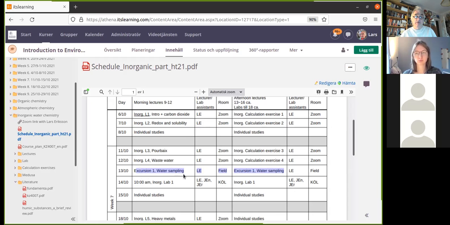There should be no or hardly any risks associated with the labs compared to the organic part, for example, since it is mostly water samples. If you do alkalinity titration with hydrochloric acid, this is completely harmless from a toxicology point of view, at least. You shouldn't spill it on your metal watch or something like that, perhaps, but otherwise it's no risk.